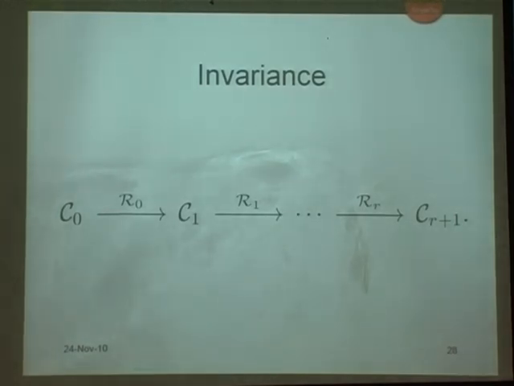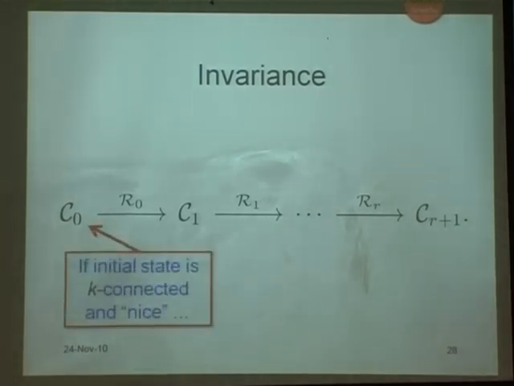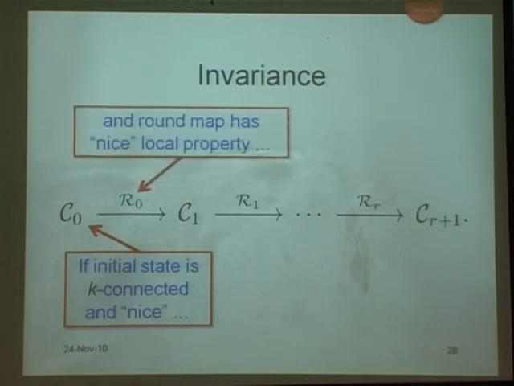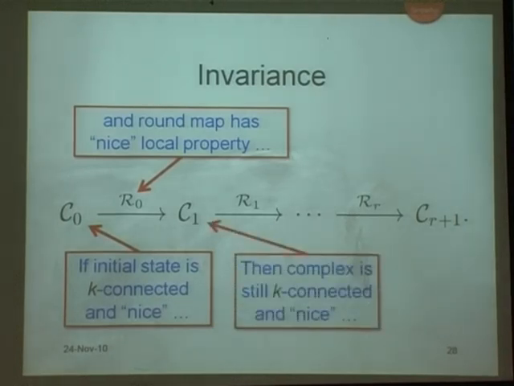And so what this is going to look like is, we're going to argue that if the initial state is k-connected and nice, we'll define nice later, and the round map has a particularly nice local property, then the complex is still k-connected and nice. So k-connectivity will be part of the invariant, but we'll also need something else that will basically keep the induction moving.